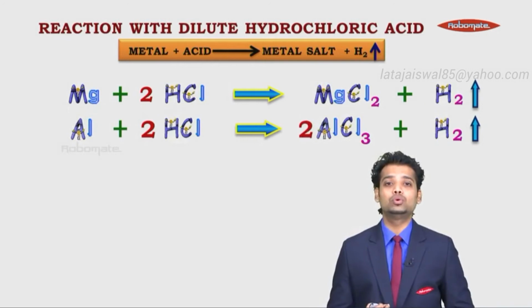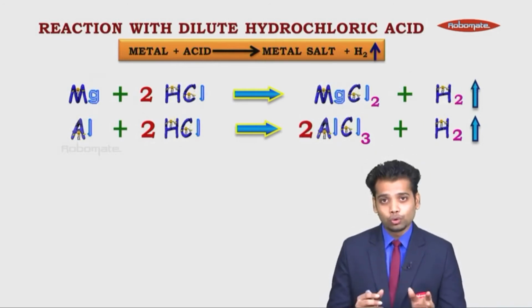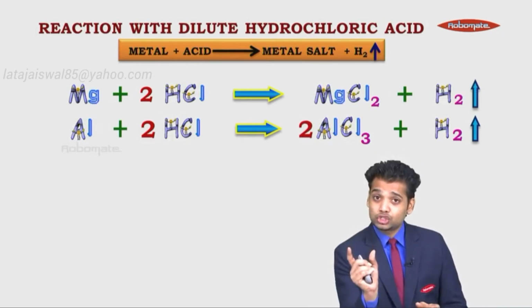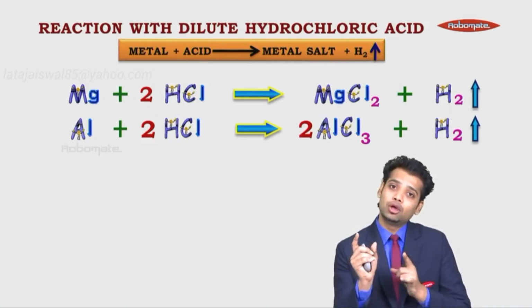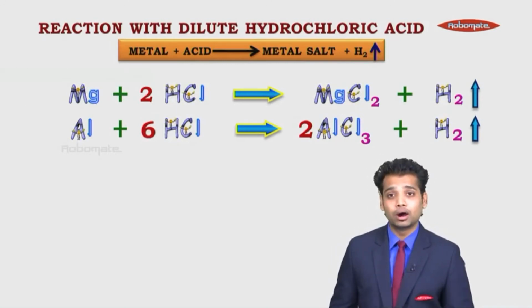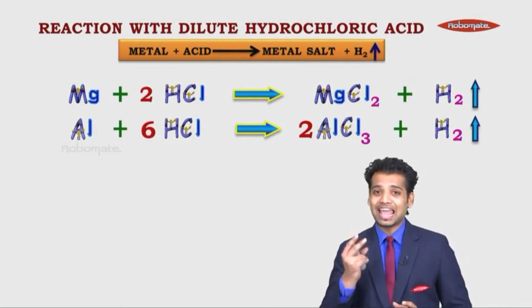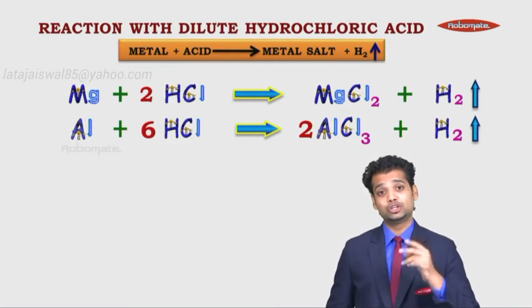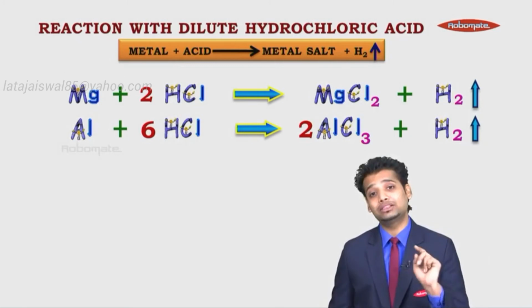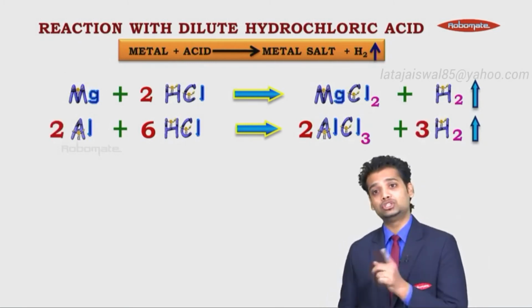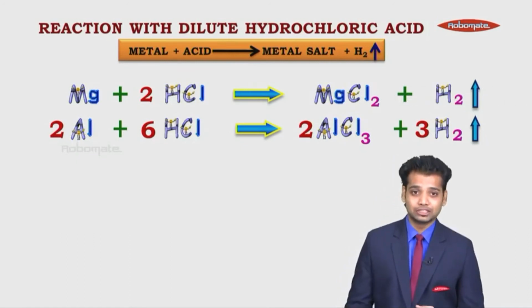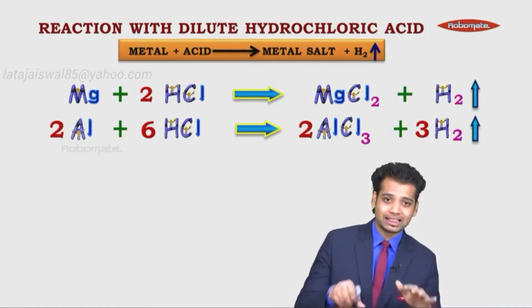Multiply it by 2, turn it into 6. Don't worry because Cl is just 2. So you multiply this 2 by 3. When you do so, you end up with the number 6. And H is now 6 on the left hand side, 2 on the right hand side. So you multiply by 3. Whereas Al becomes 2, so you multiply by 2 on the left hand side, thus making the reaction balanced.